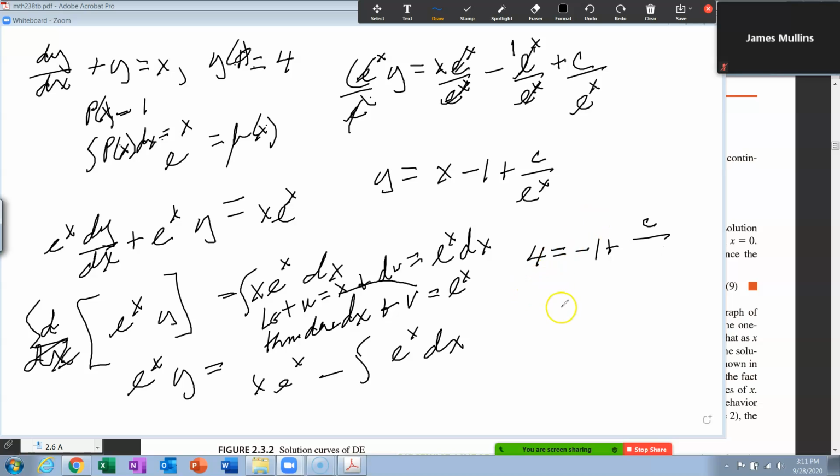So that's just plus c. So we don't need the line here. So add 1 to both sides, and what you get is c is equal to 5.